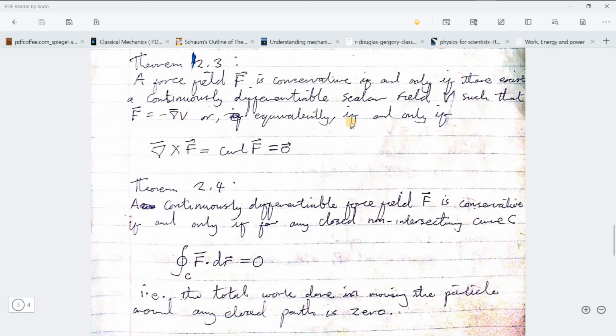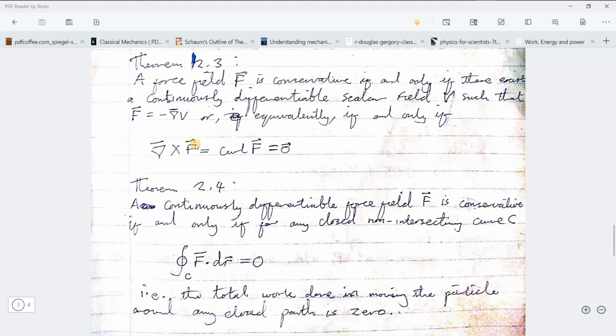Or equivalently, if and only if del cross F, the curl of F, equals 0. So this is the other way of proving if something is conservative.